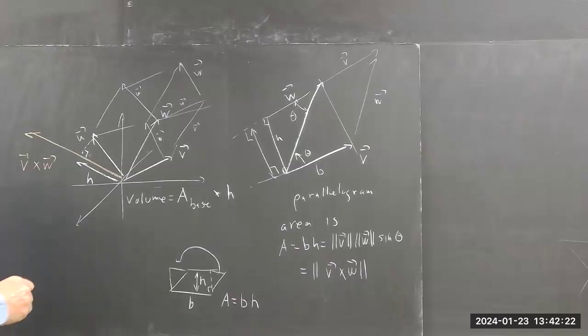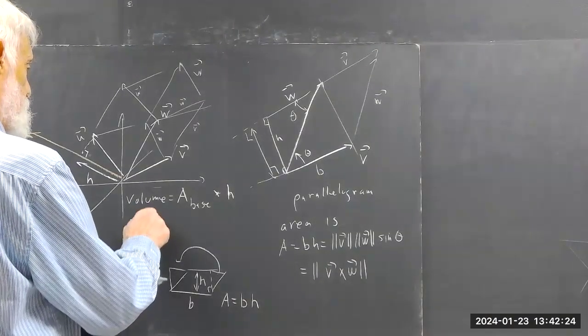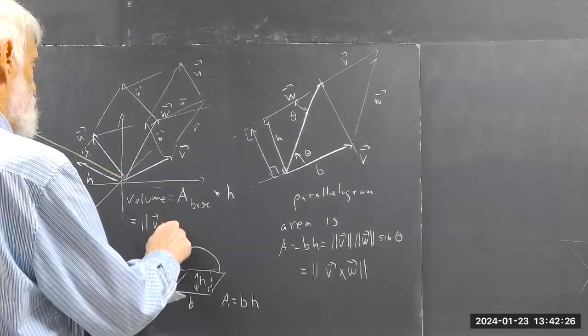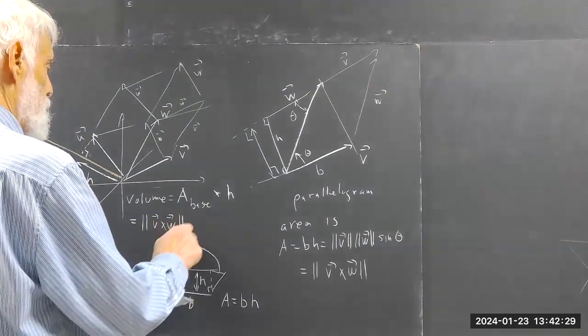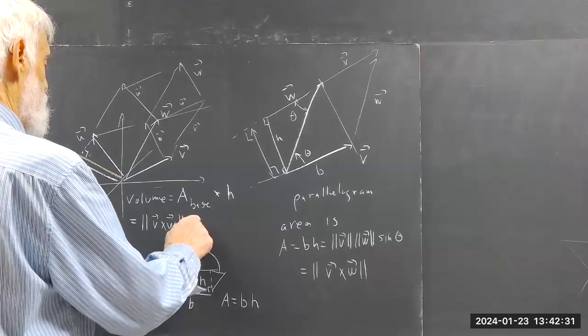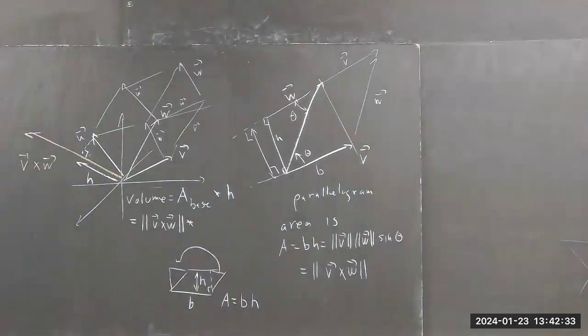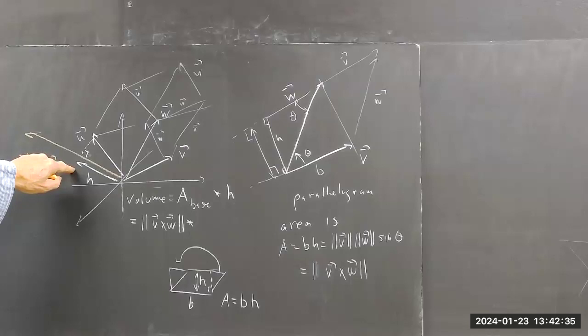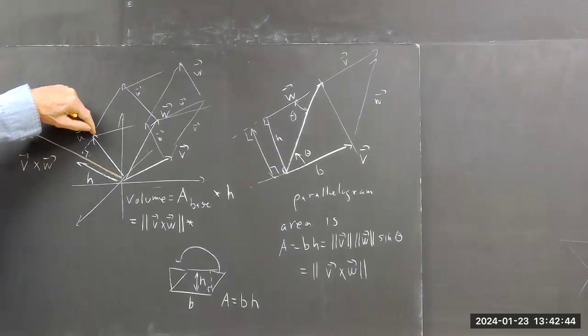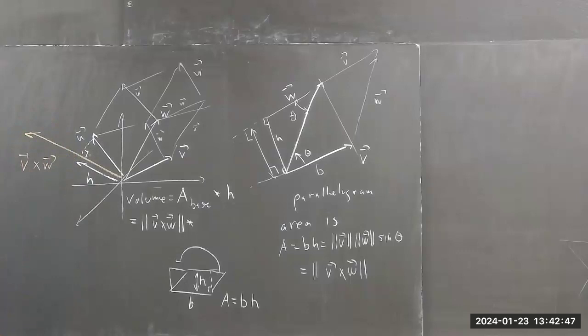So the volume equals this times H, which is the projection of this vector on this vector. And now we haven't talked about projections. I need to do that before we're done. We've got time. Because that's the last thing I want to talk about.